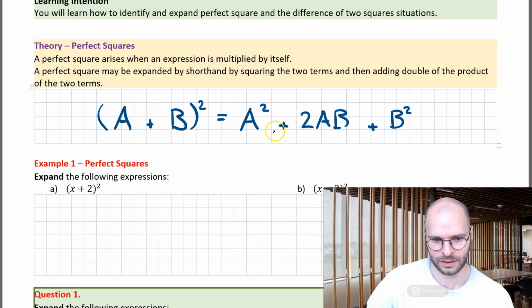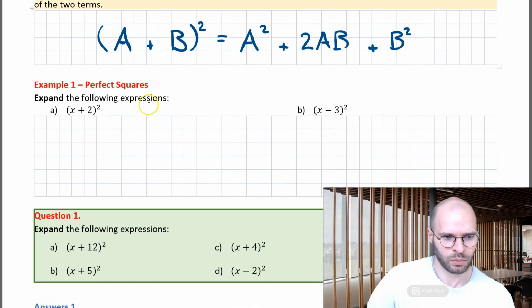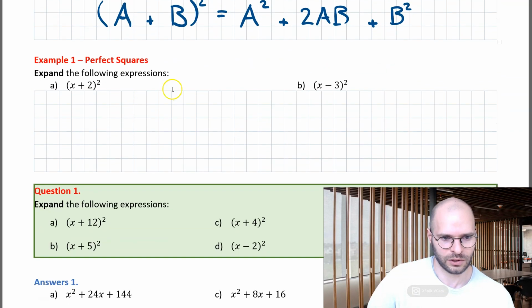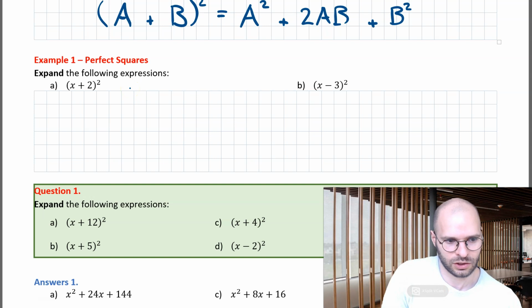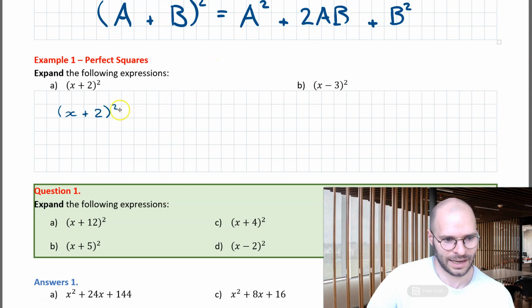Let's have a look at putting this to use. Example 1. Expand the following expressions. We have x plus 2 all squared. What we're going to do is use the shorthand version of the perfect square expansion. So in this case, my a is x and my b is 2.